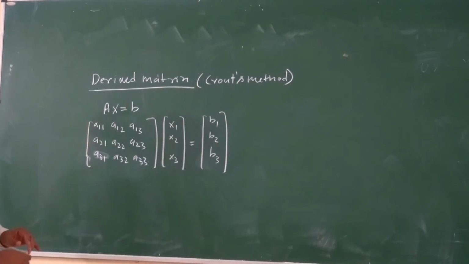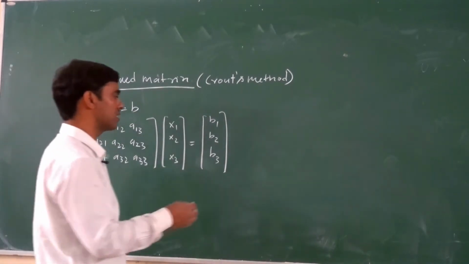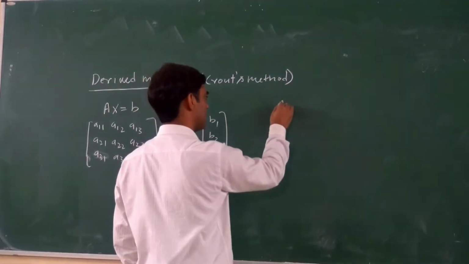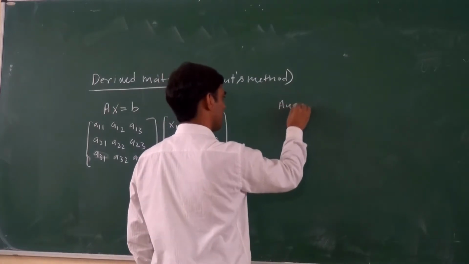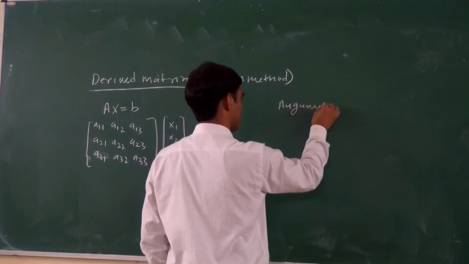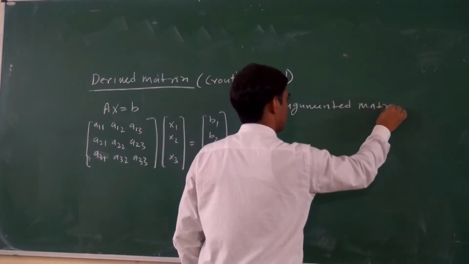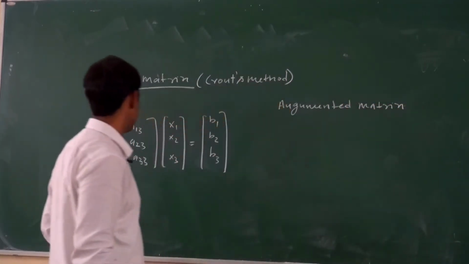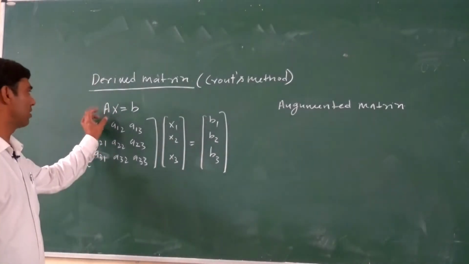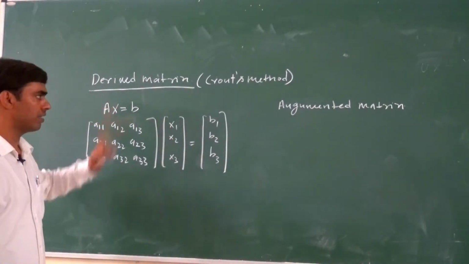So Ax equals b. What is the augmented matrix? The augmented matrix is nothing but a partitioned matrix with the elements of A and b.